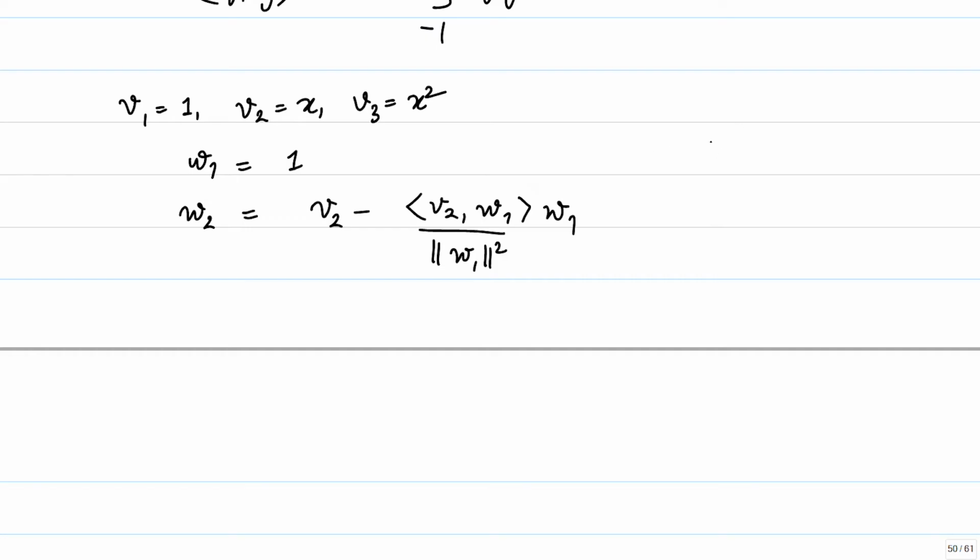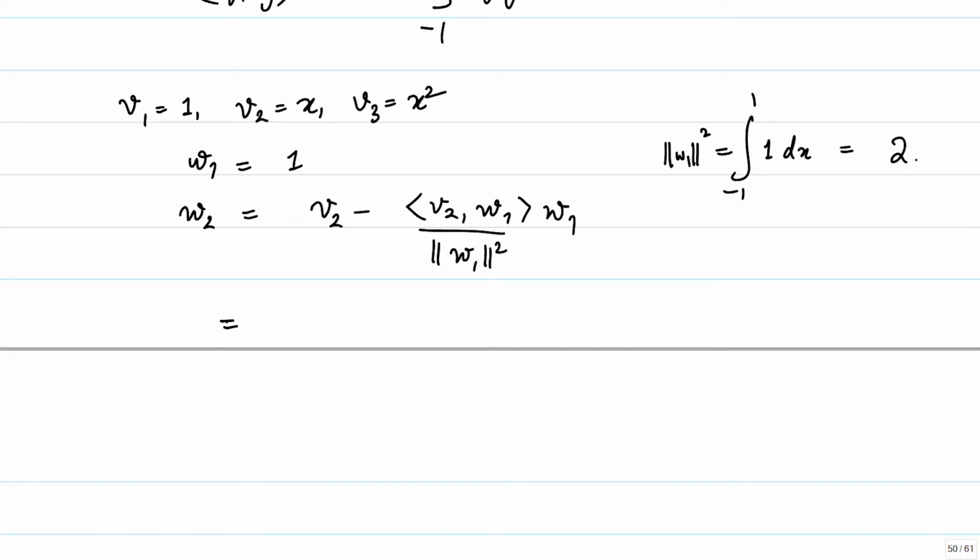So what is the length of W1? The inner product of 1 times 1 bar is again the integral of 1 from minus 1 to 1, which is equal to 2. If you carefully see what the answer is, this is 2. So this is what the square of the length of W1 is going to be.